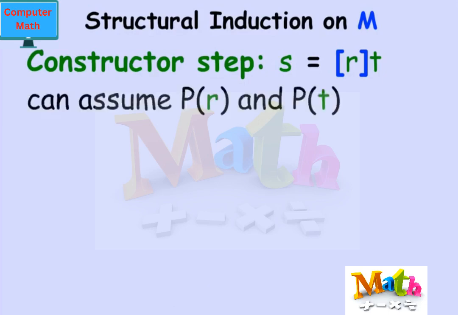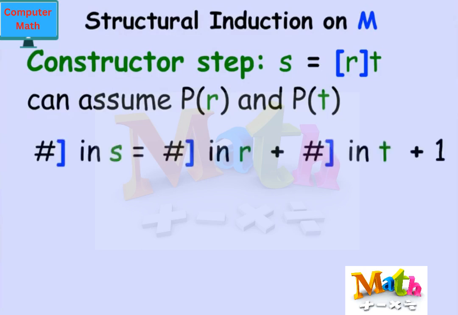Well, here's the argument. When we're trying to prove that S has an equal number of left and right brackets, we're allowed to assume that R does, and so does T. So let's look at the number of right brackets in S. Well, where do they come from? The first symbol in S is a left bracket, so that doesn't matter.